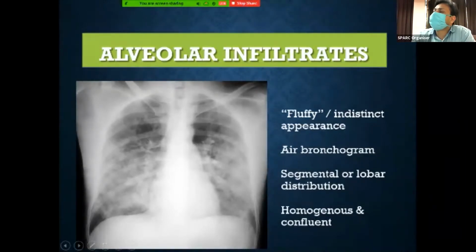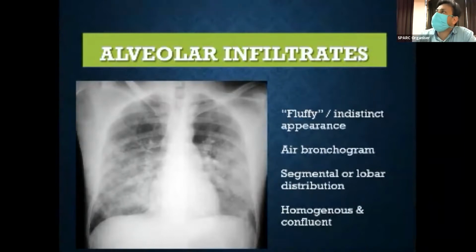They are very fluffy kinds of opacities, and in some places these opacities coalesce, meaning they join each other and form a bigger opacity. This pattern of consolidation we label as alveolar infiltrates, and it can be seen in cases of bronchopneumonia and some other entities also. So consolidation is not always lobar. It can be in the form of alveolar infiltrates as well.